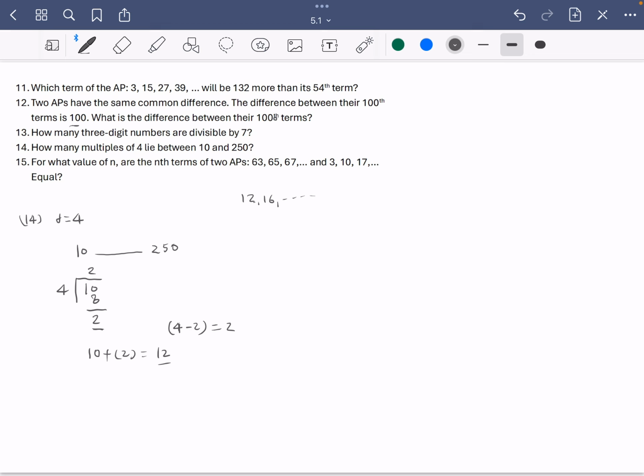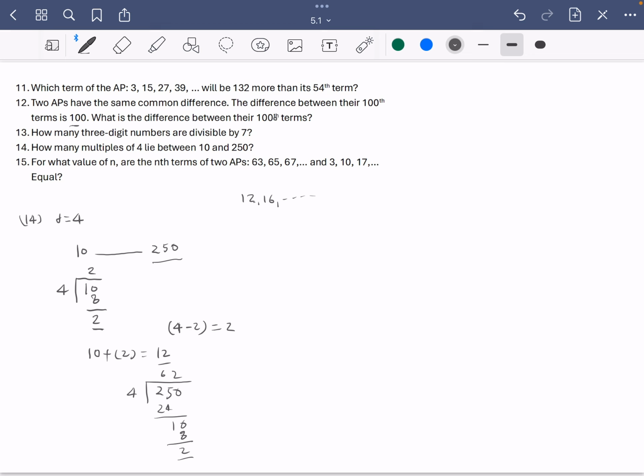The last number given here is 250, and we want to find the number that comes before it, or 250 itself, that is divisible by 4. Here the number should be less than 250, so I cannot go above 250.